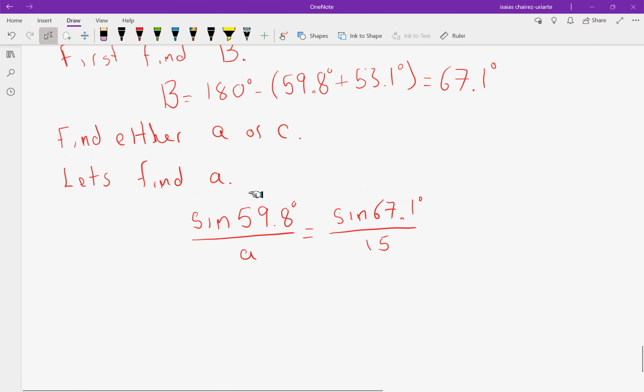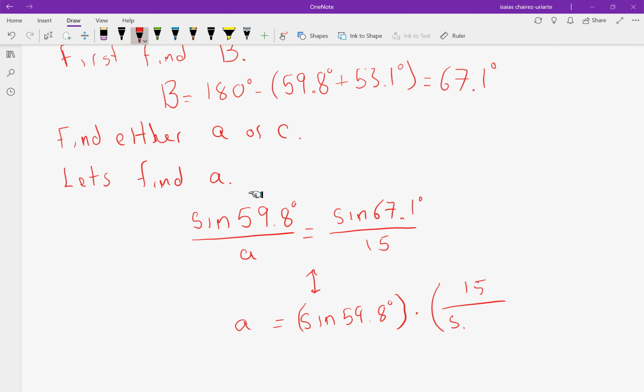Alright, so let me try to solve for A here. We've done this before, you know how to do this. Because what we're going to end up concluding is that A should be equal to sine of 59.8 times the reciprocal, 15 over sine of 67.1.